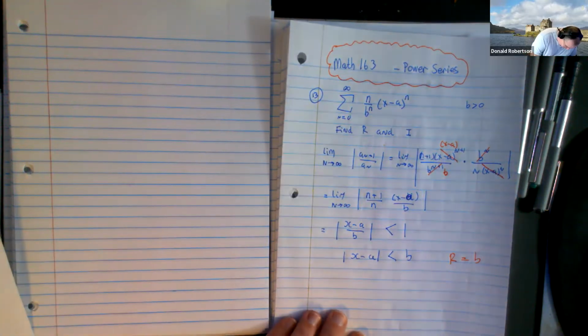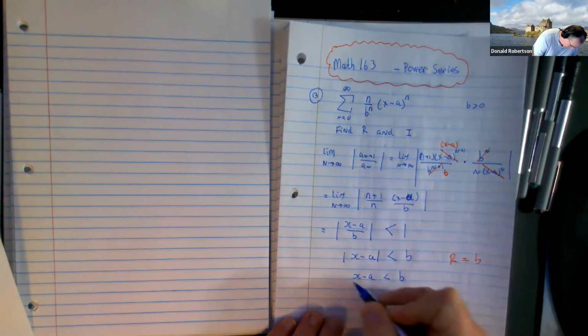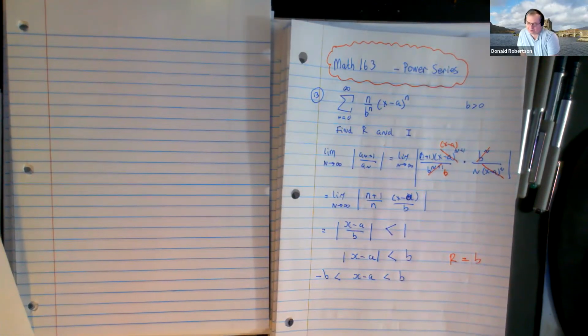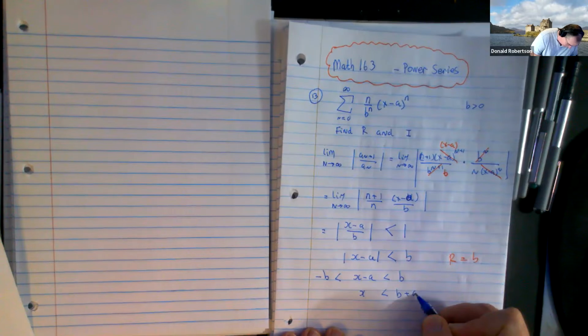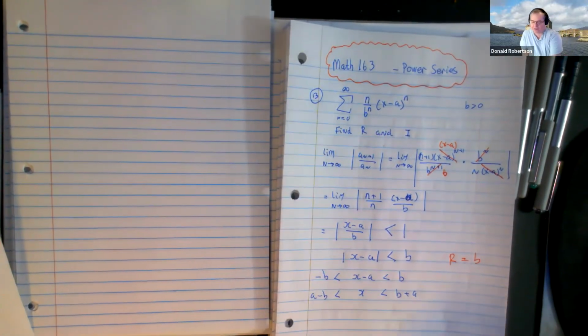Now, you want to get the interval of convergence, isn't it between B and negative B? And what you would do next is add A to both sides. Not quite sure why the order gets switched, but it doesn't matter.